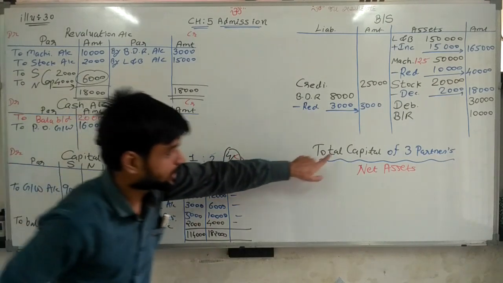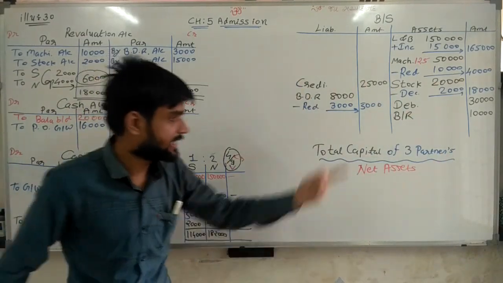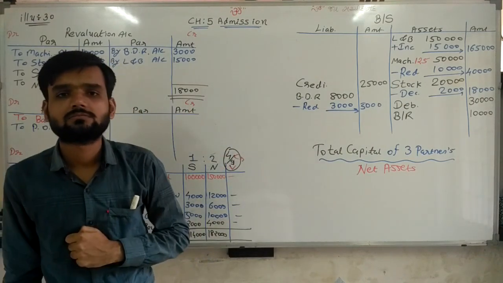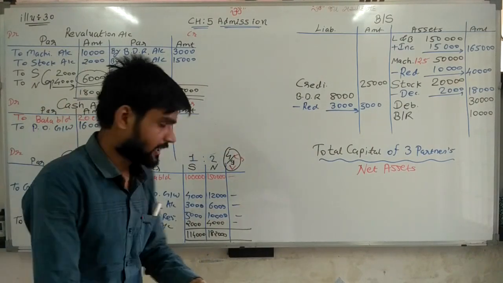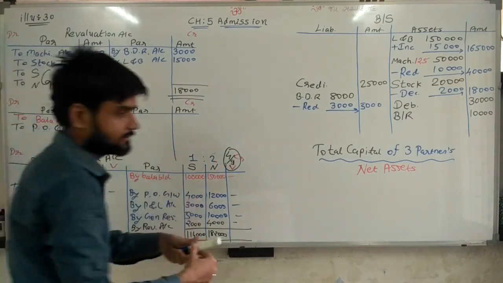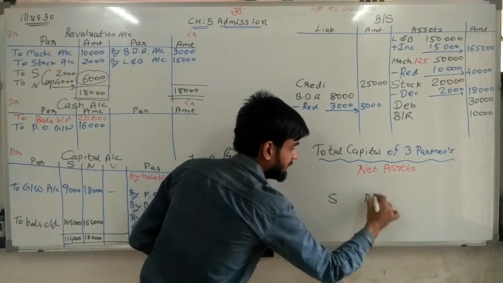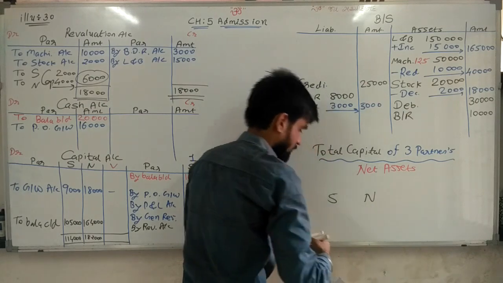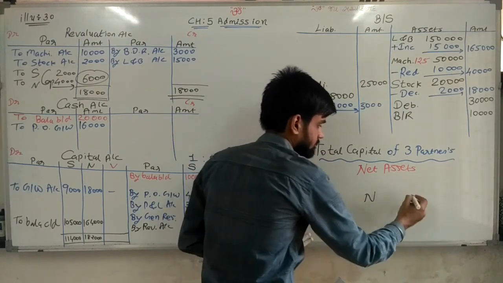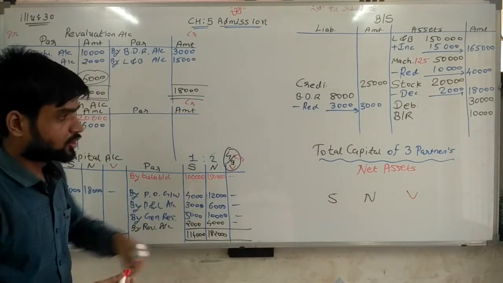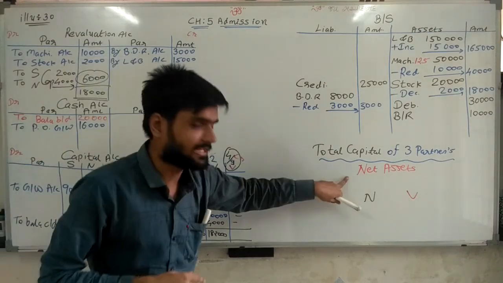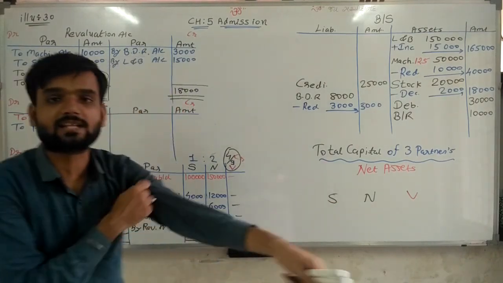Now, the total capital of three partners is my net asset. So here the three partners are S, N and V. First of all writing here S, N and V. Total capital of three partners means net asset. First of all finding net asset. How?